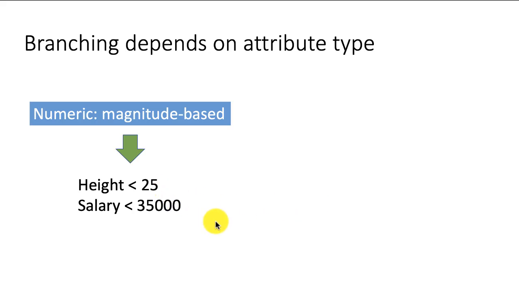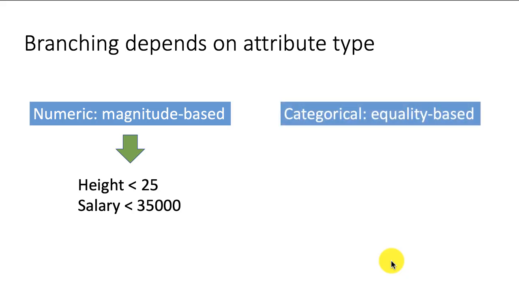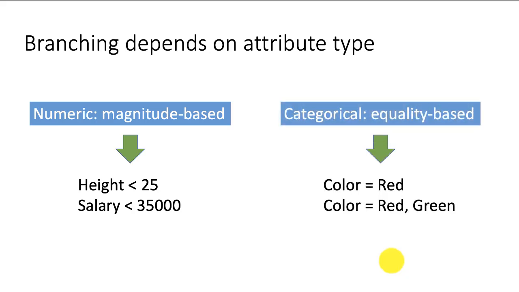For example, height less than or equal to 25, salary less than 35,000, etc. Whereas if you have categorical attributes, the splits are based on equality. So you've got color equals red or green. The equality will be the condition for yes, and not matching is the condition for no.